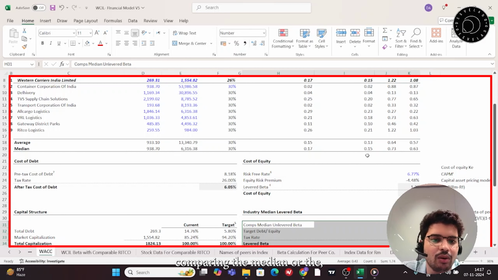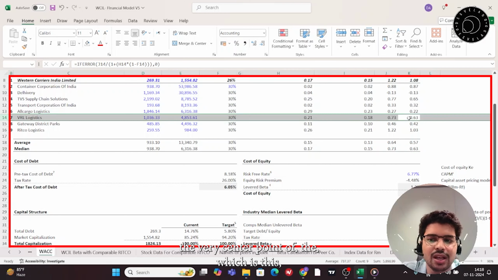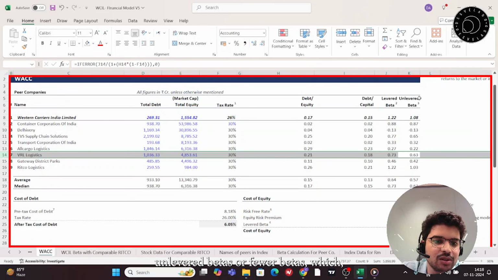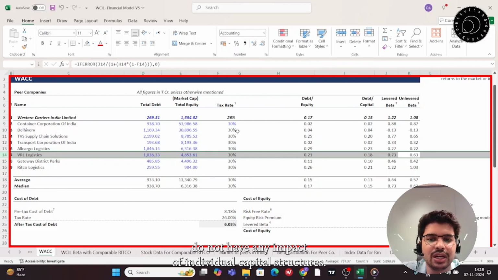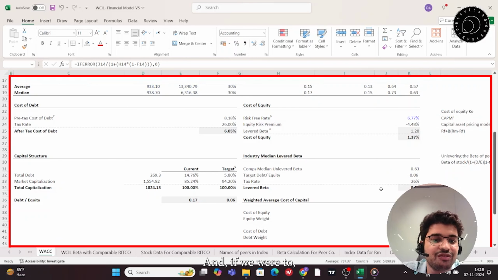We are comparing the median, the very center point in terms of unlevered betas or pure betas, which do not have any impact of individual capital structures. We wanted to see what the median is, and if we were to change that median to our company and have it affected by our company's debt equity ratio, what will it turn out to be?